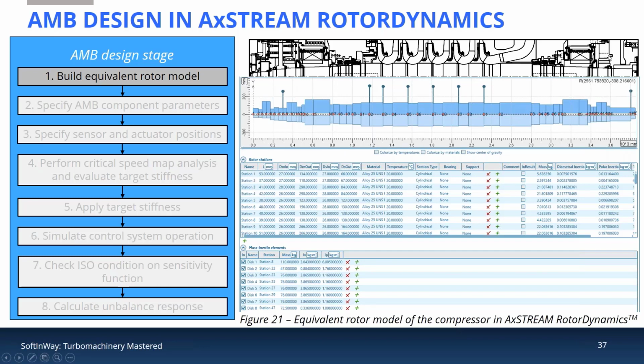Here you can see the drawing of this machine and this simplified equivalent beam finite element model with added masses and stiffness elements. And here is the input. Extreme rotor dynamics allows users to build beam and plane axisymmetric finite element models and perform all the types of torsional and lateral rotor dynamics analysis required by API standards.